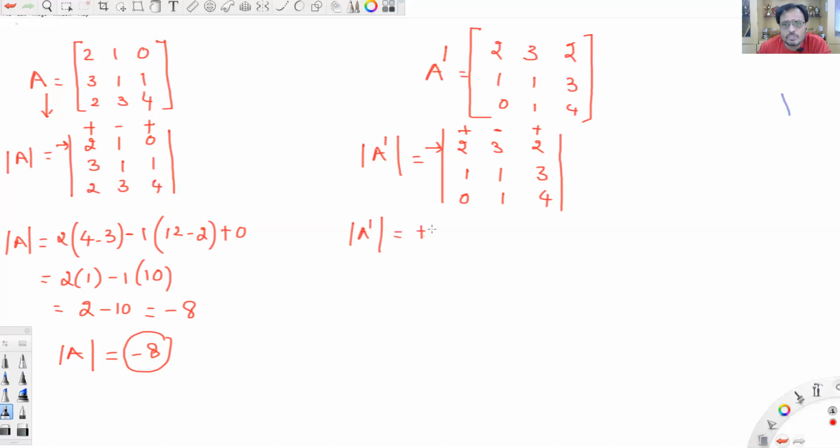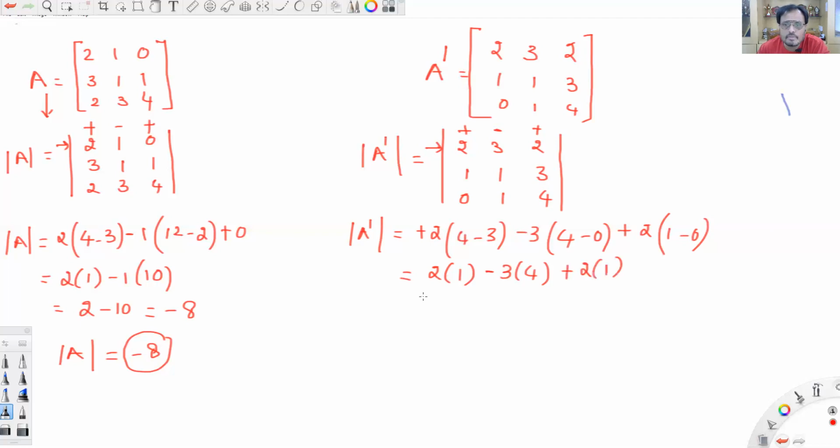So 2 into (4 minus 3), minus 3 into (4 minus 0), plus 2 into (1 minus 0). Therefore 2 minus 12 plus 2 is equal to minus 8.